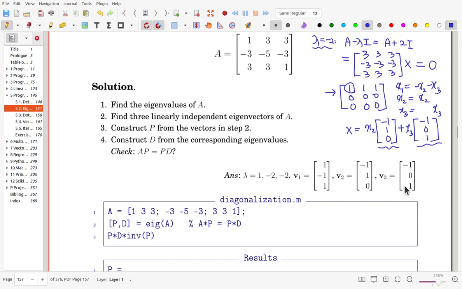For arbitrary choice of x2 and x3, x will be an eigenvector. Now using 1 and 0, we have that one, and using 0 and 1, we have this one. These are linearly independent, so these can be two eigenvectors.